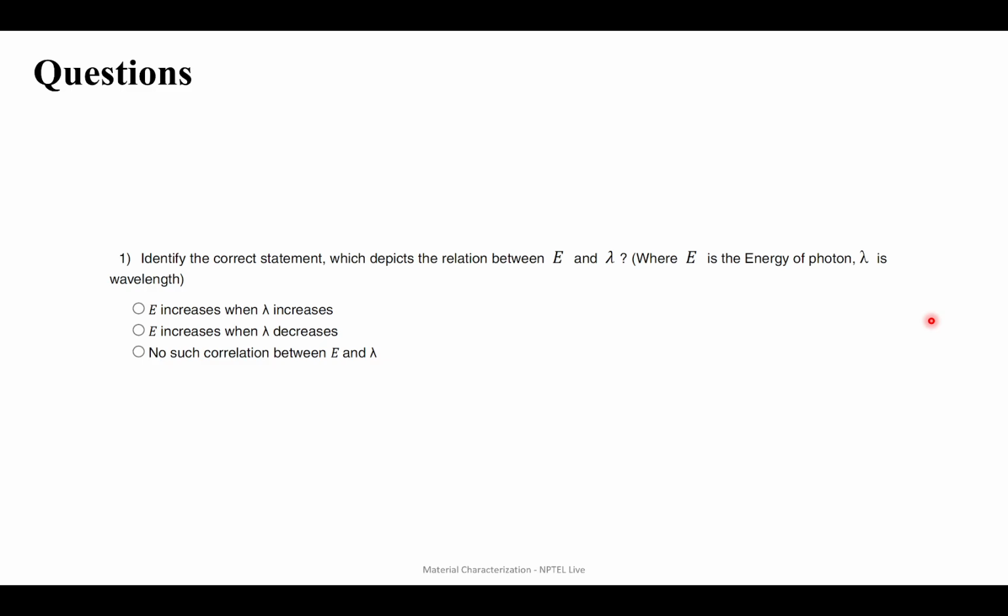Identify the correct statement which depicts the relation between E and lambda, where E is the energy of photon, lambda is wavelength. E increases when lambda increases. E increases when lambda decreases. No such correlation between E and lambda.